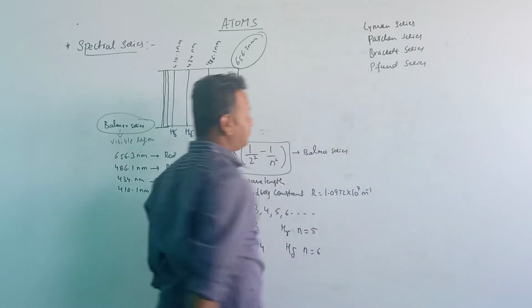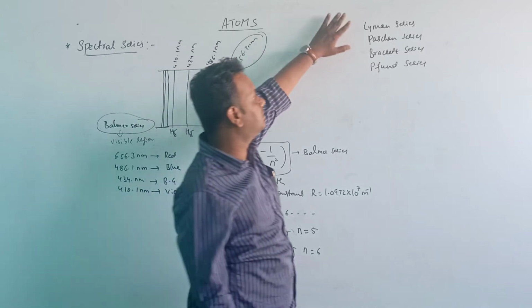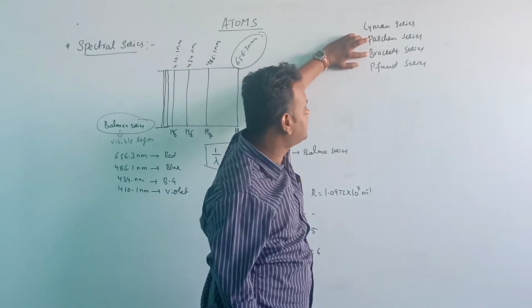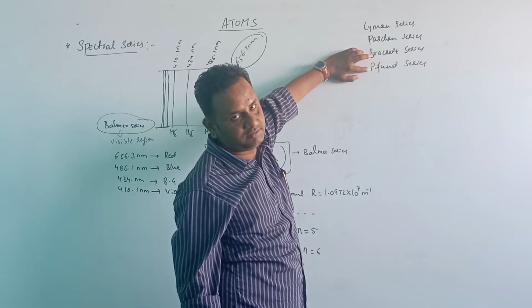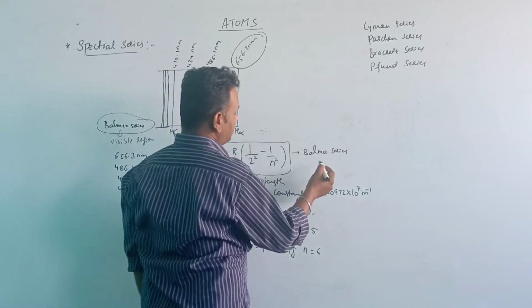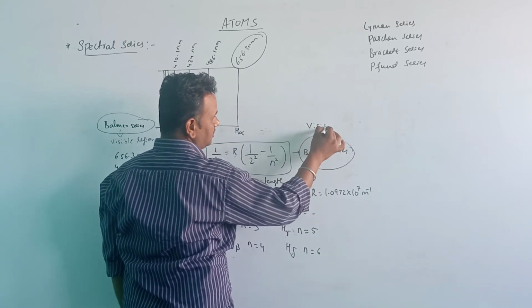Other than this Balmer series, we can have some other spectral series also, named the Lyman series, Paschen series, Brackett series, and Pfund series. Right? Here the Balmer series can be seen in the visible region.